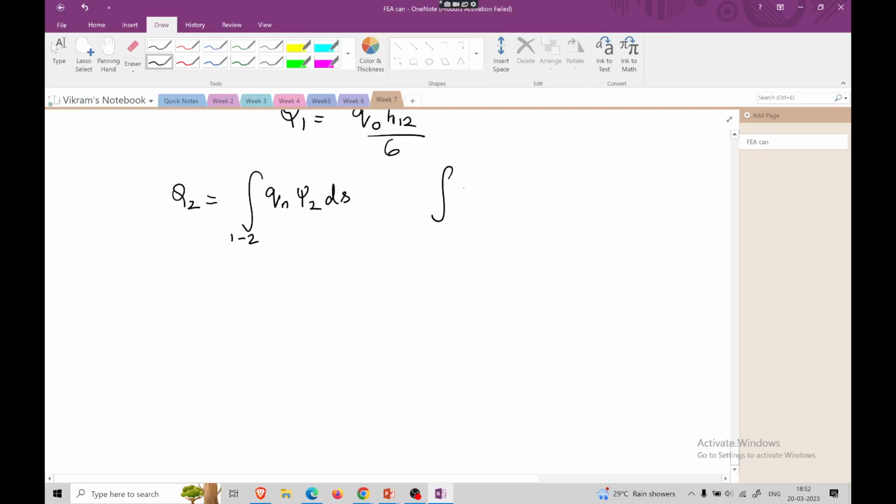So again we calculated the q terms. Q is equal to q1, q2, q3, which is equal to q0 h12 by 6 times 1, 2, 0. Correct? So any doubt for this?